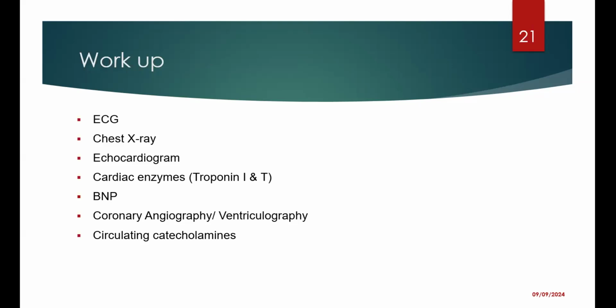We'll now look at how to investigate patients that we suspect as having Takotsubo cardiomyopathy. One significant investigation modality is the ECG. In most cases of Takotsubo cardiomyopathy, they present with ST abnormalities. Typically, they present with ST elevation in the precordial leads. Some also present with ST depressions or T-wave inversions. Chest X-ray is also necessary.